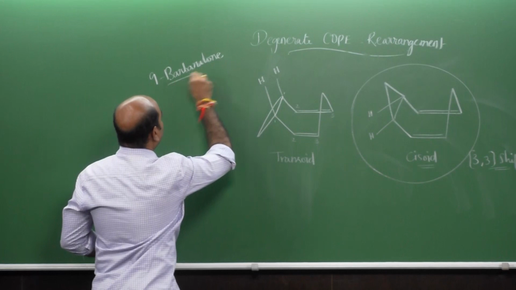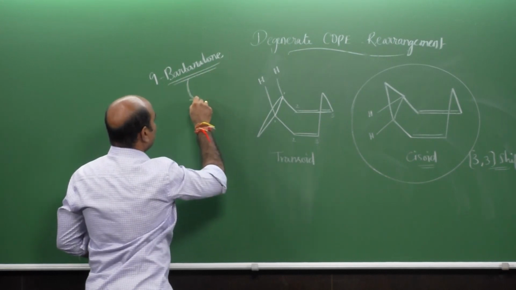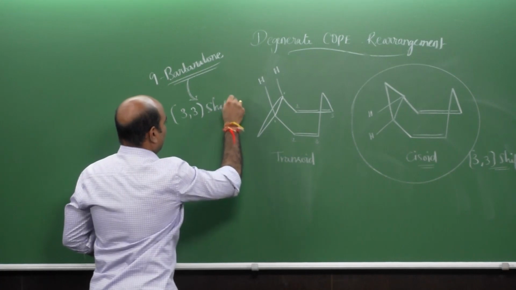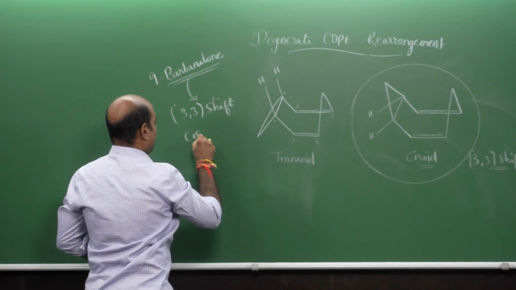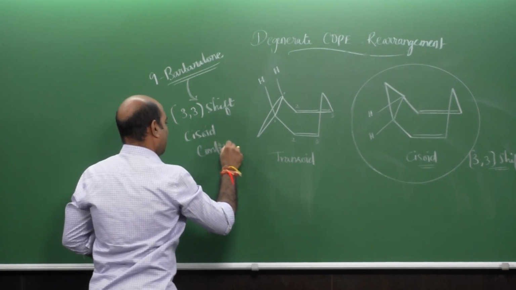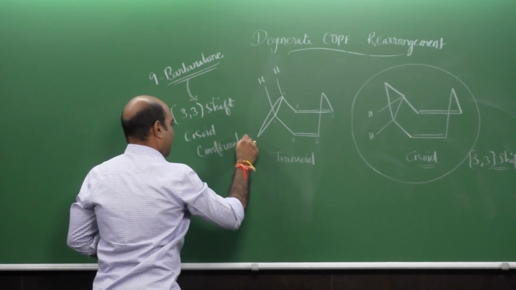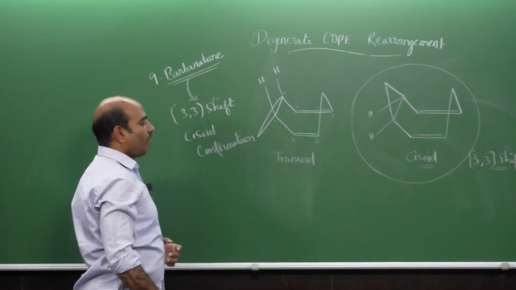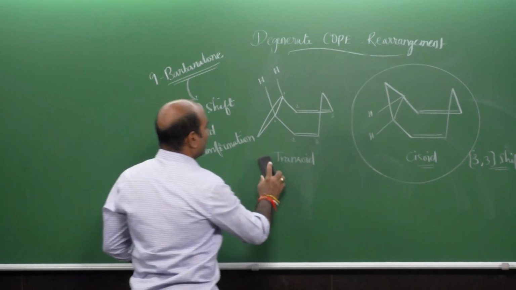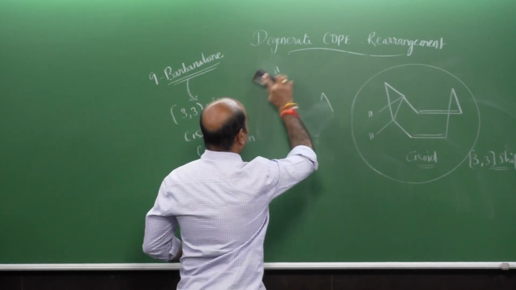9-barbaralone is a molecule which shows the 3,3 shift under cissoid conformation. Okay. So, let us see the transformation or the 3,3 shift shown by the 9-barbaralone molecule.